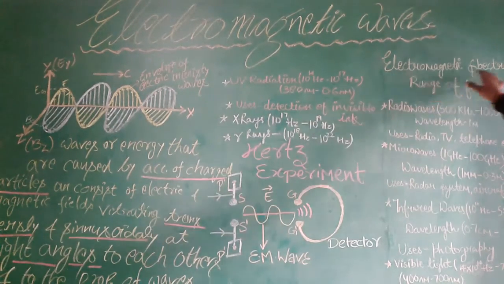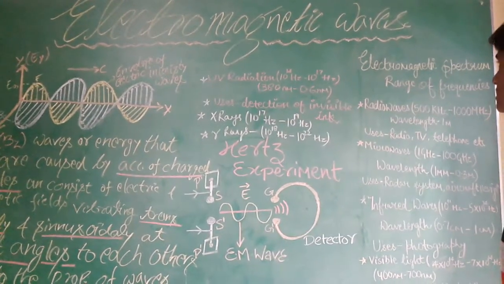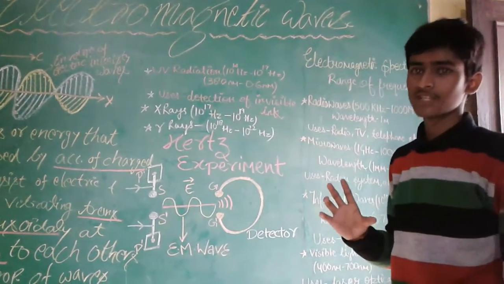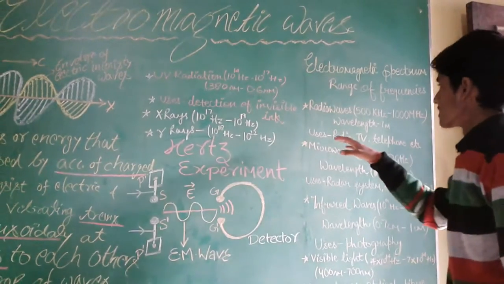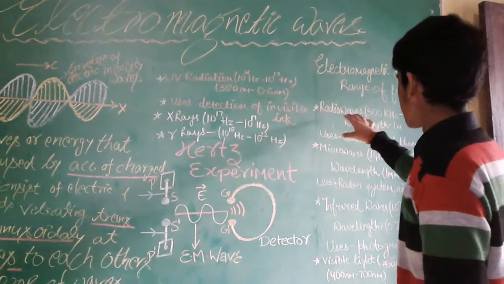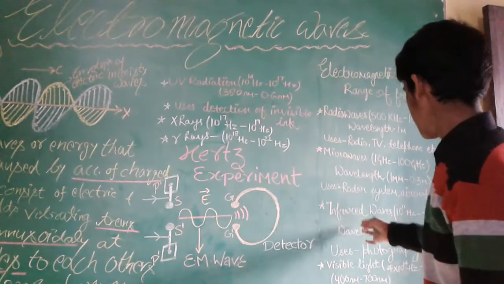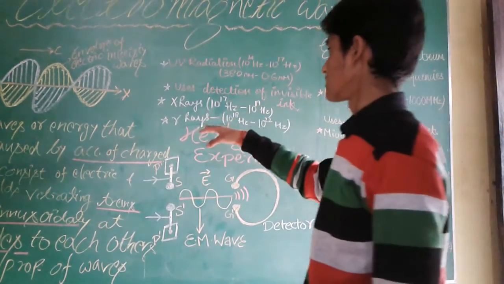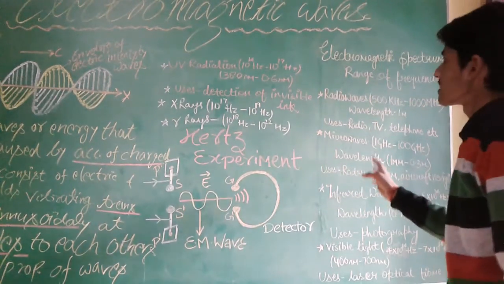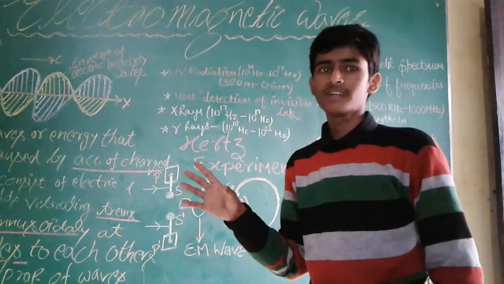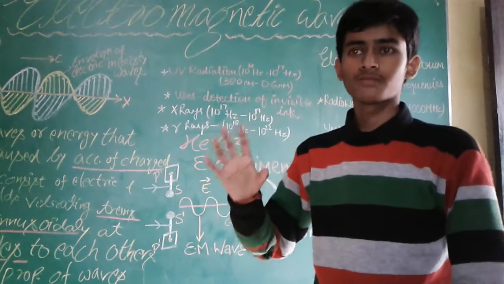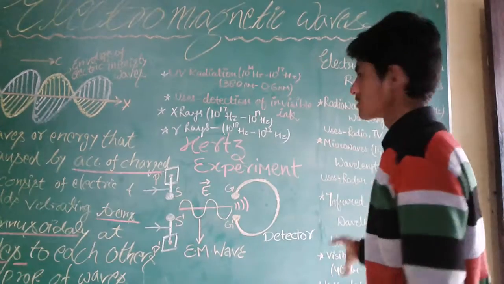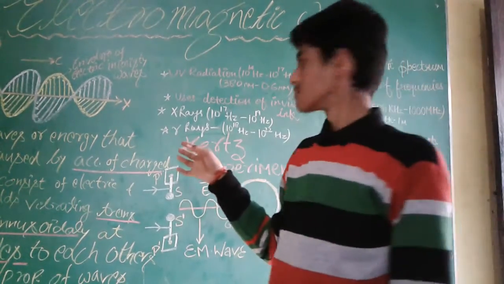Now comes the electromagnetic spectrum. It is the range of frequencies over which the propagation of electromagnetic wave takes place. There are various types of electromagnetic waves like radio waves, microwaves, infrared, visible light, UV radiations, X-rays, gamma rays, etc. Earlier, it was known that only visible light is an example of electromagnetic wave, but in the late 19th century it was discovered that these are also examples of electromagnetic waves.